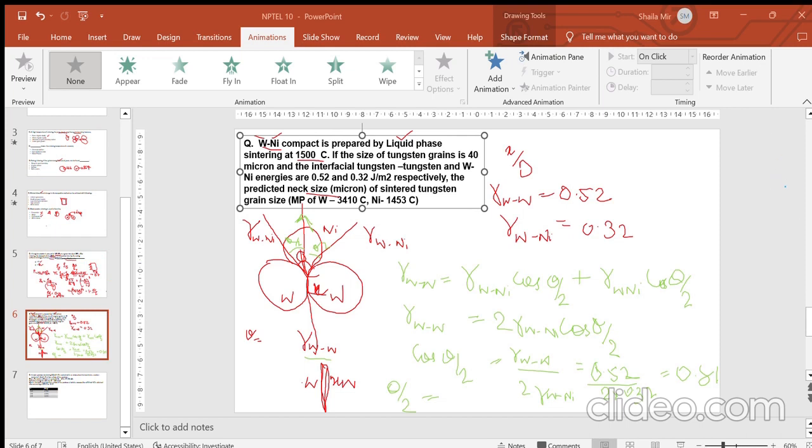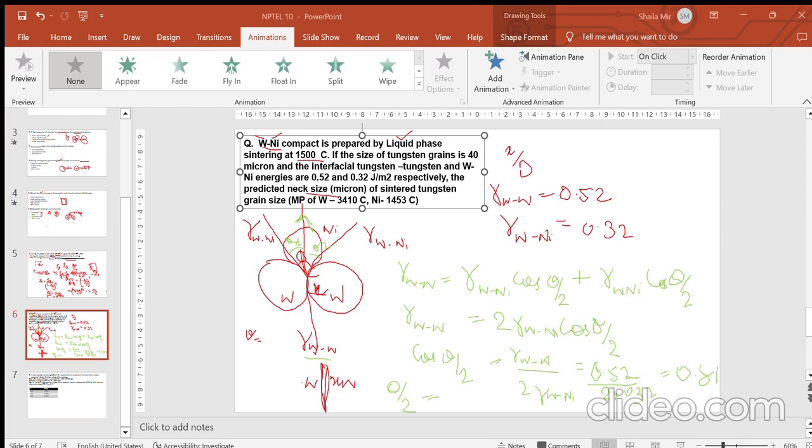From here you can calculate x by d, right? So your sine theta by 2 is x by d. So you can calculate the x by d from here. Theta by 2 is 35.6, so you have sine of 35.6, that is 0.58.